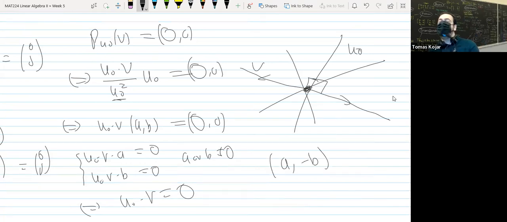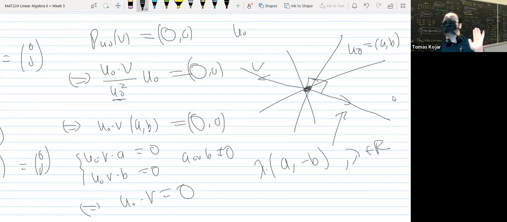It's (a, minus b)... when U0 is (a, b), because the dot product is 0. So you take any scalar multiple of that. So it's the span of these guys. Is that okay? Does that make sense? Yeah, you can ask.